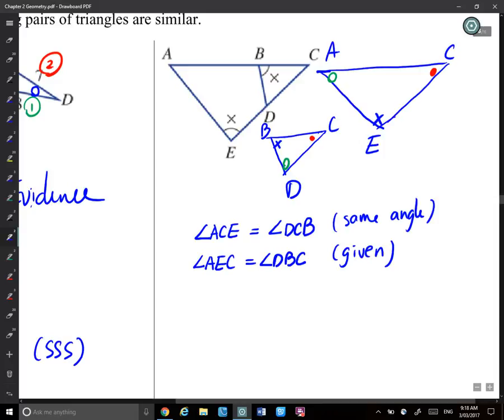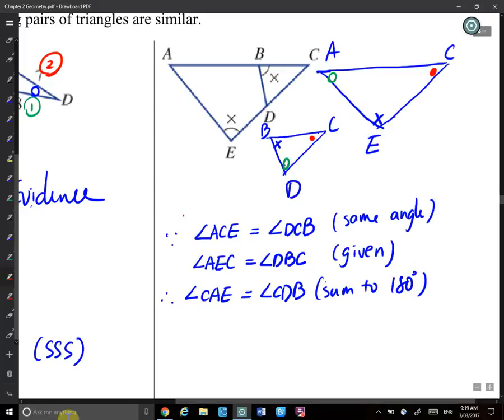That's given. So the green pair, angle CAE, must be the same as CDB, because angles sum to 180. You need to have the sum to 180.